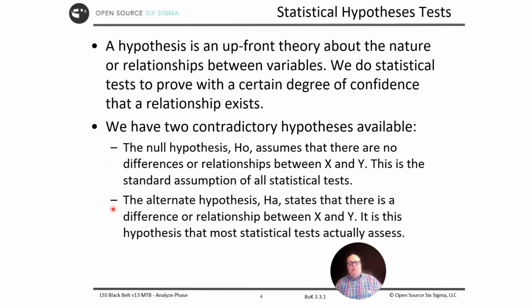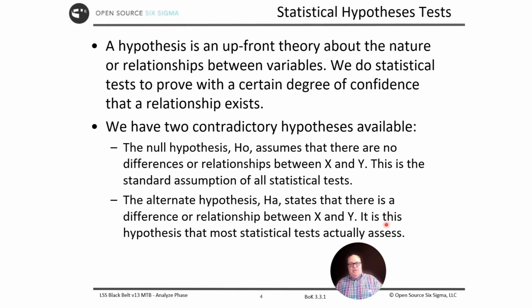So what we try to prove, if we really think X and Y have a relationship, is the alternative hypothesis, sometimes denoted H sub A, sometimes it's H sub 0, H sub 1, but we just want to distinguish between the two. The alternative states that there is a difference or relationship between X and Y. So as I move X, Y changes, and I can prove that there's a statistical difference in mean or median or standard deviation or variance or proportions, depending on the type of test.